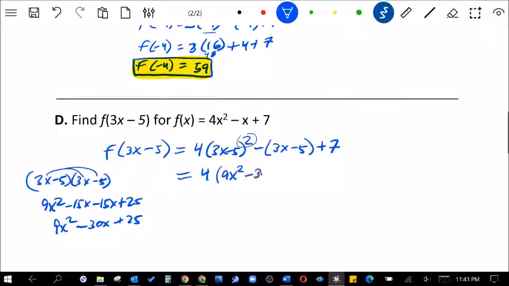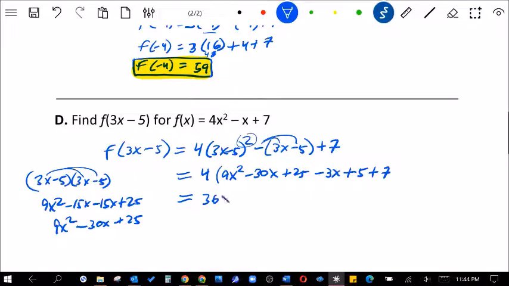9x squared minus 30x plus 25 minus 3x, and then also plus 5 plus 7. Now I'm going to multiply 4 into each of these.